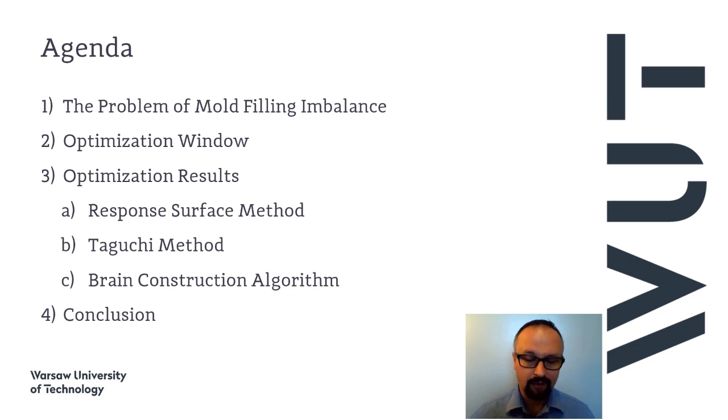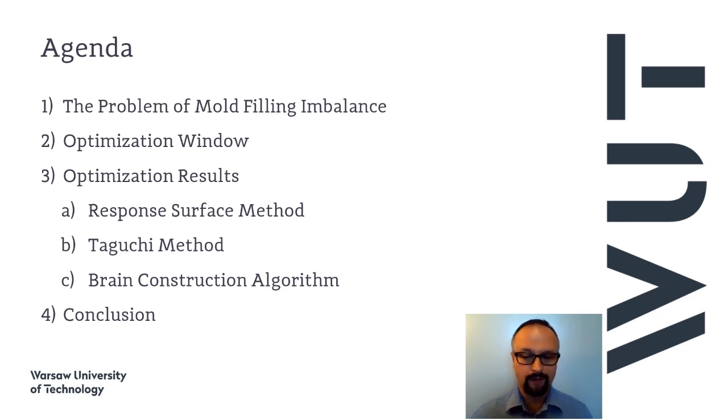The last one is the so-called brain construction algorithm. It's a method based on artificial neural network systems, self-learning ones, and of course it is the most sophisticated one and probably also the most expensive to do, because you always need to buy some kind of external software and run the whole procedure in it.